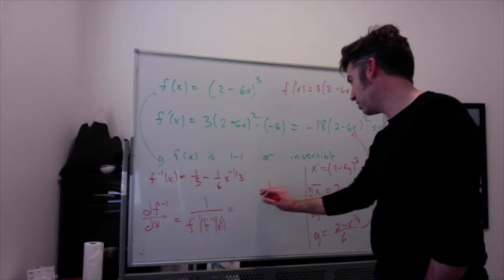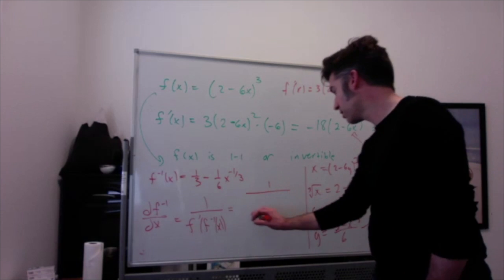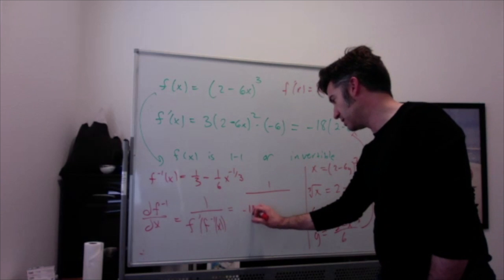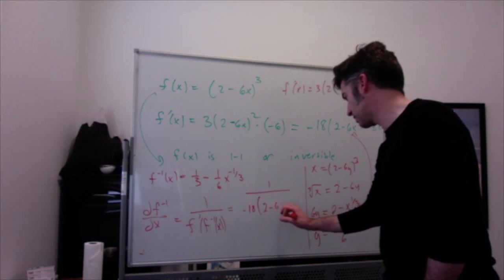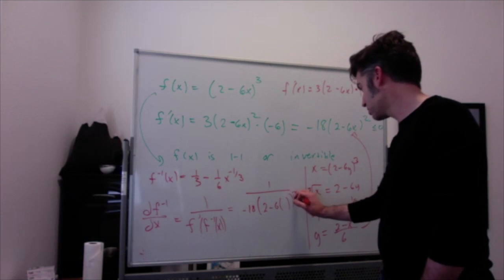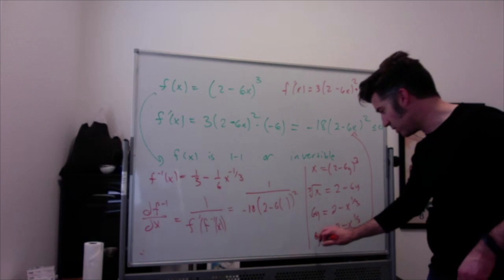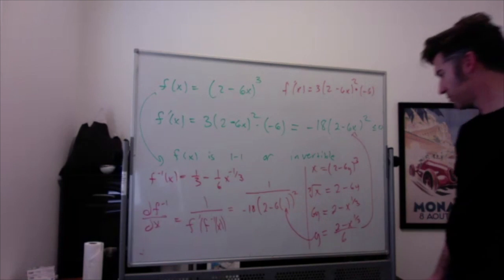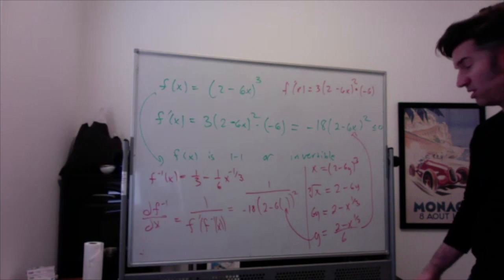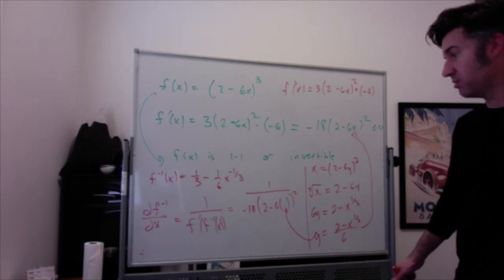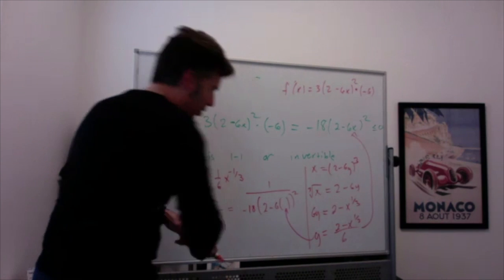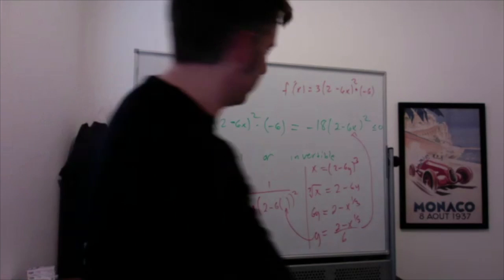I get 1 over the derivative, which is -18 times 2 minus 6 times my input squared. But then this is what's going in there, this 2 minus x to the 1/3 over 6. And look, things are going to cancel. 6's will cancel, 2's will cancel. So I could kind of see in this particular problem, okay, it does kind of come out nicely.